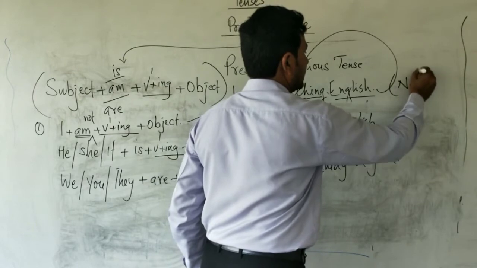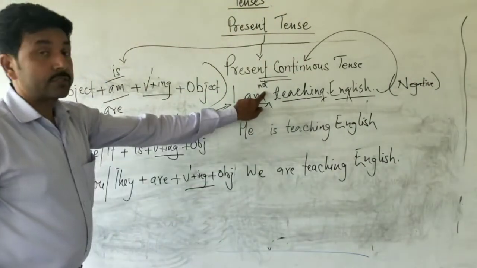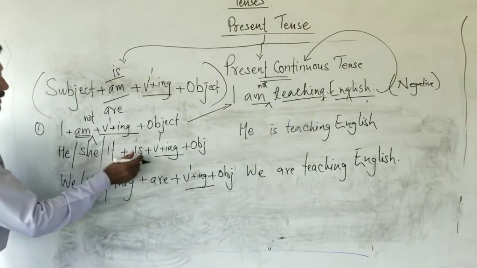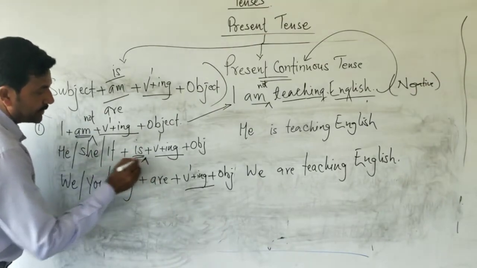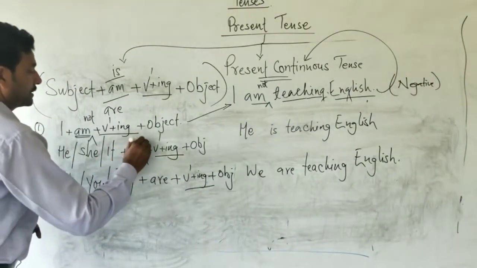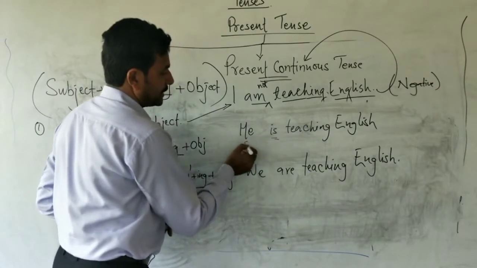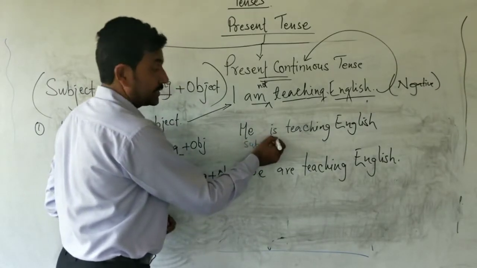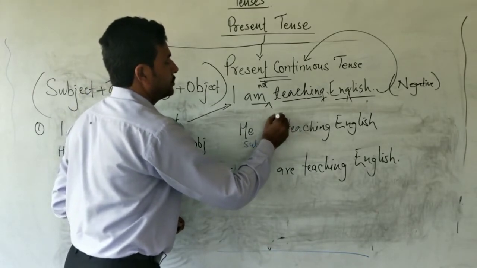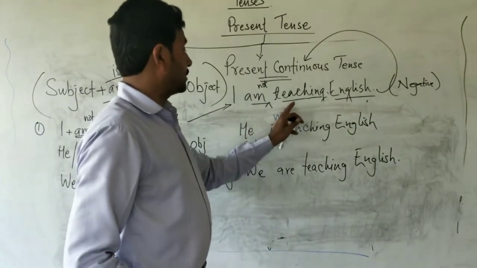Now it is a negative sentence. When you use not, it is negative. With he, she, it, is is the auxiliary verb. Put not here, and this sentence will become negative. Here is the subject, here is the auxiliary verb, helping verb. After these you have to use not, and this will become a negative sentence. He is not teaching English.